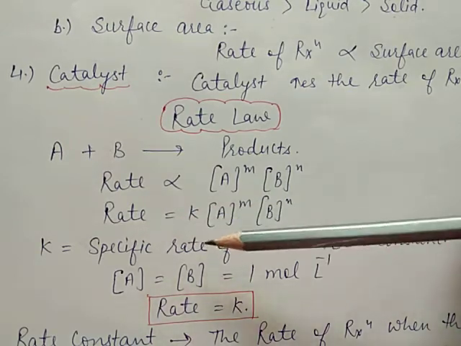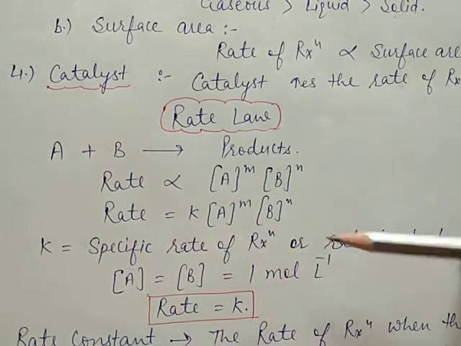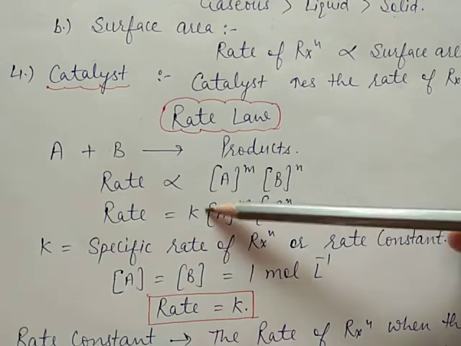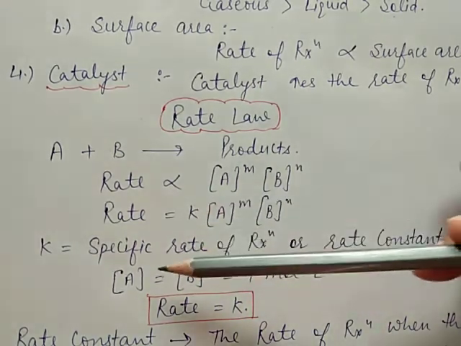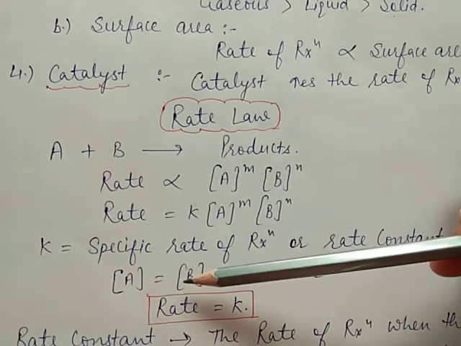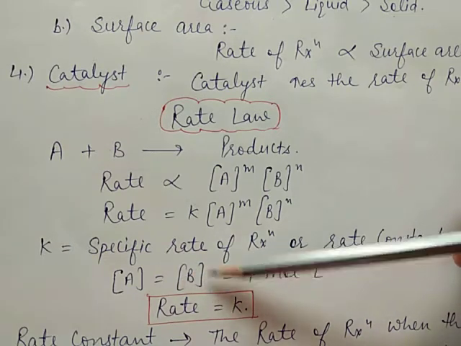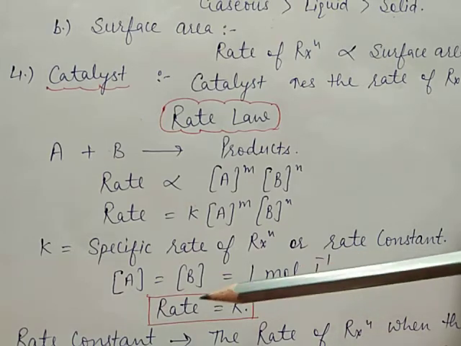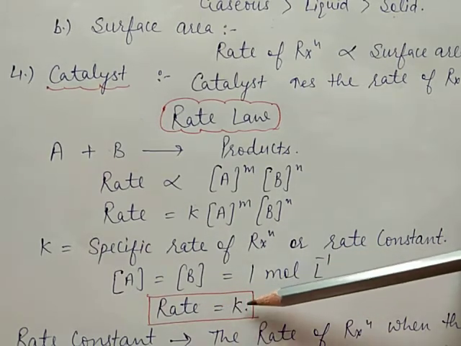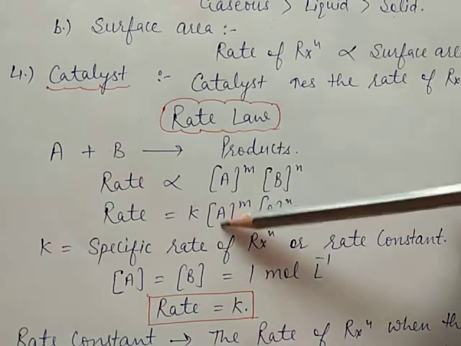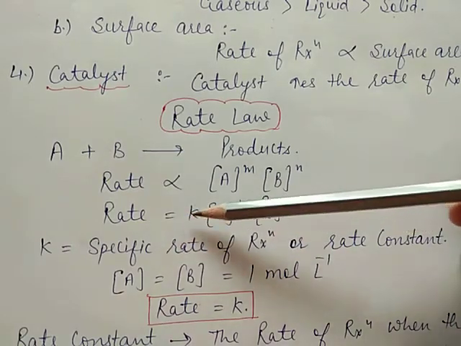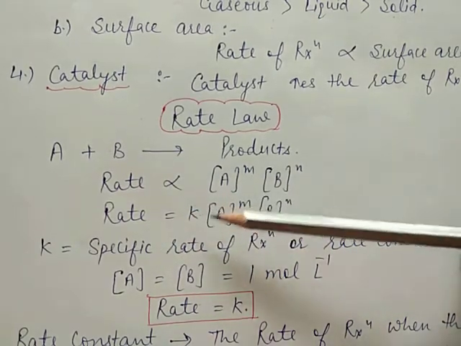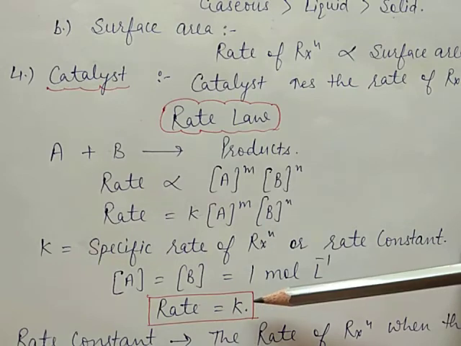So K is the specific rate of reaction or rate constant. When the concentration of A and concentration of B are both equal to 1 mole per liter, then rate becomes equal to K. This is 1, this is 1, rate is equal to K. So rate is equal to rate constant.